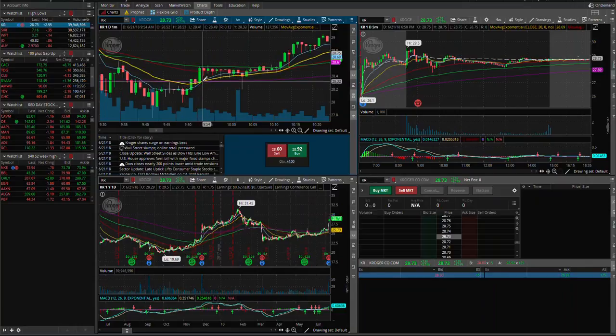So when the shorter line crosses over a longer line, that is what is called a golden cross. Now, a bearish crossover happens when a longer time period EMA crosses over a shorter time period EMA.